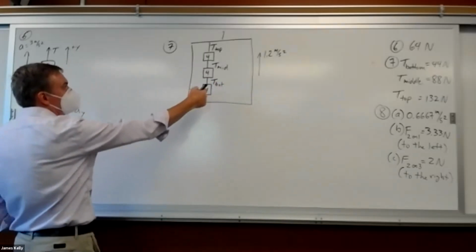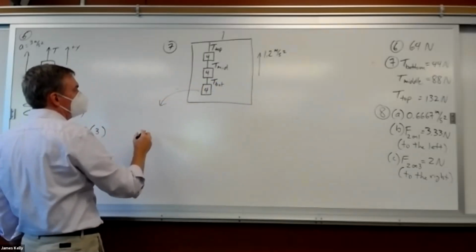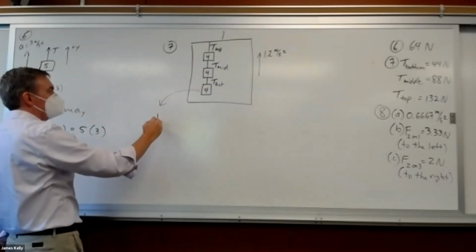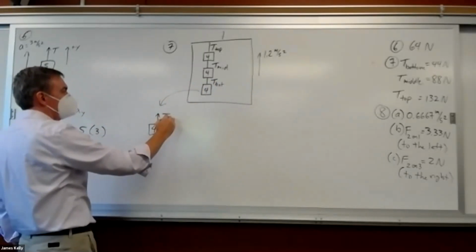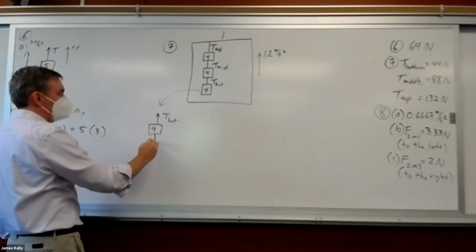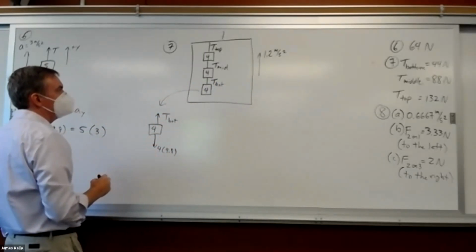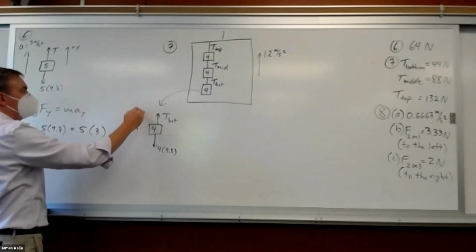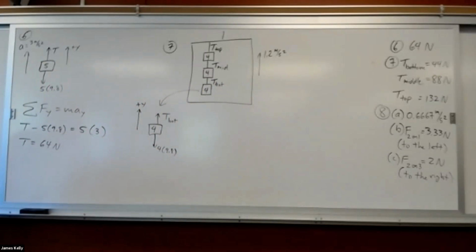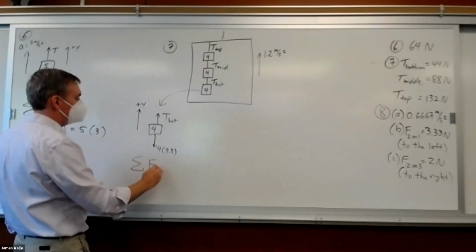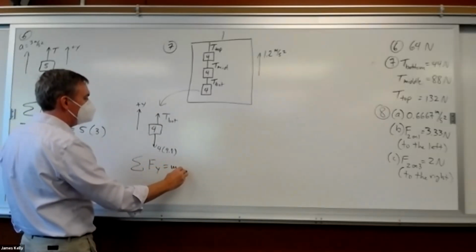So if I draw a free body diagram for this one over here, since they're all 4 kilograms, it's hard to tell which one we're talking about, but it's the only one that has T bottom pulling up on it, and it's got a weight of mg, 4 times 9.8. It's accelerating upward, so why not take plus y to be upward? There's steps 1 and 2, free body diagram and my axes, and now I'm ready to do the sum of the force y components equals m a_y.